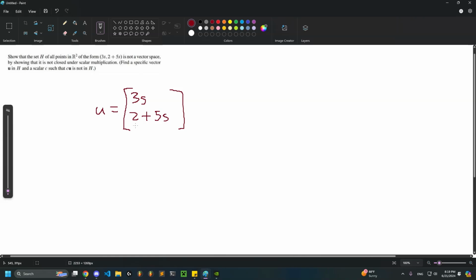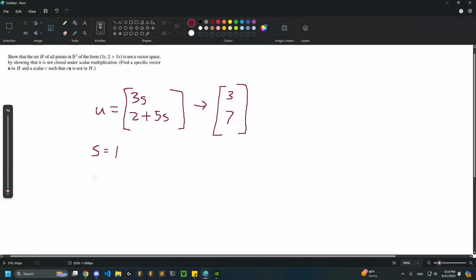Then we're going to find some S and some C such that this is not a true statement. To make things easy, we'll just pick S equals 1. That is going to be equal to 3 times 1, which is 3, and then 2 plus 5 times 1, which is 7. So this is the resultant vector if S equals 1.